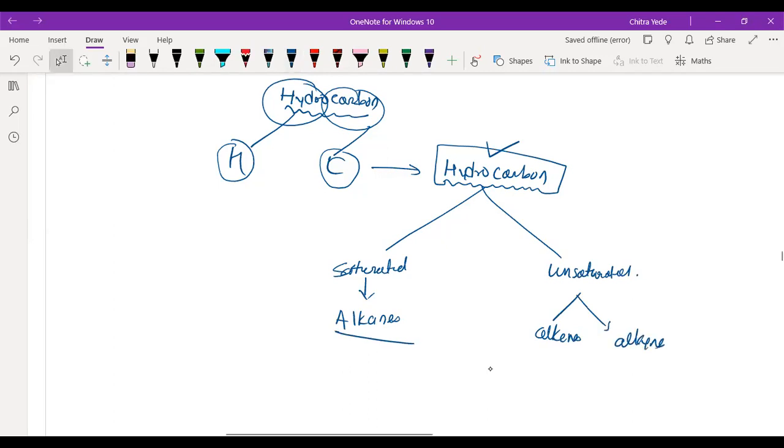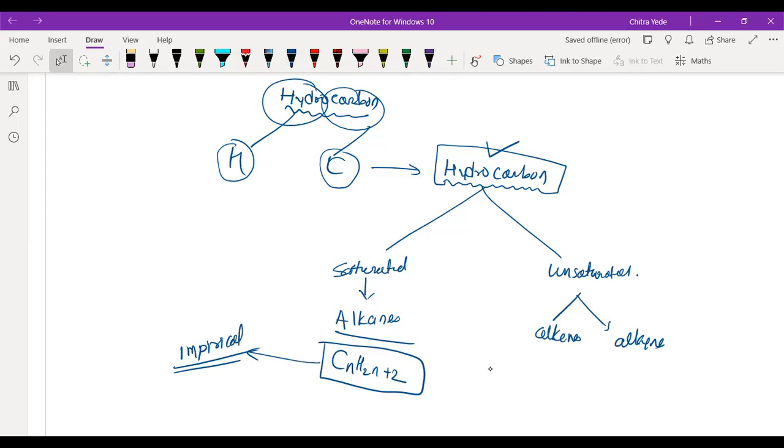So see here, the general formula for alkanes is CnH2n+2. That formula is called the empirical formula. What is the empirical formula?